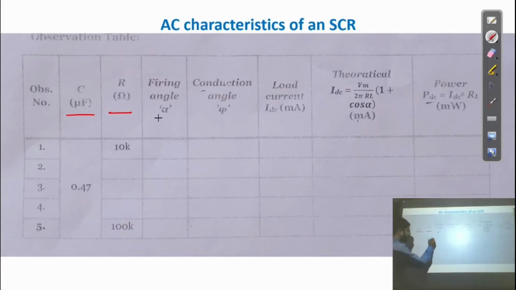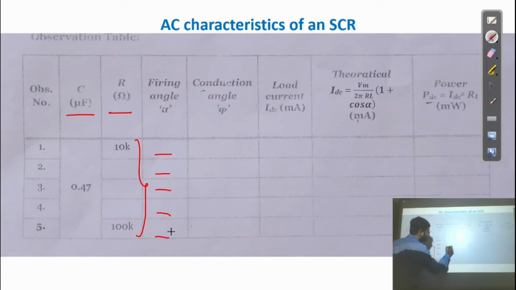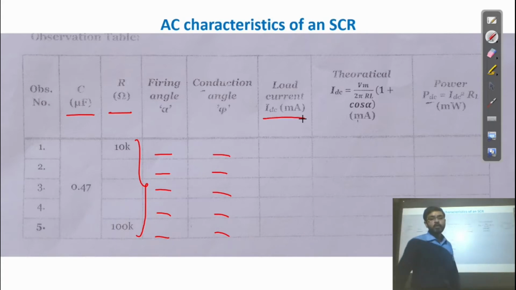Now, with the change in this resistance values, you will actually change the firing angle and conduction angle. And you have to measure the IDC, the DC current flowing through load, right, which we have already seen in the circuit diagram. This is the theoretical one.